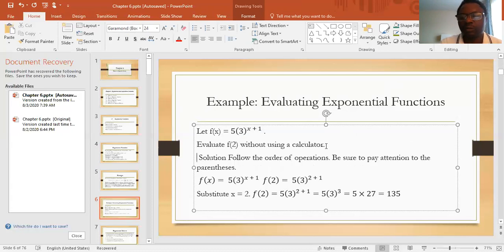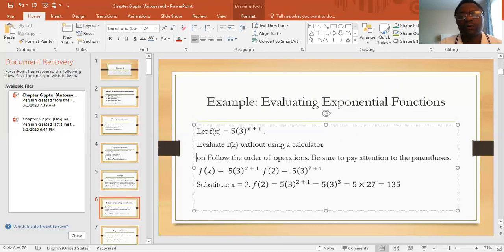The solution: we follow the order of operations to change f of x to 5 times 3 raised to power x plus 1, so f of 2 is 5 times 3 raised to power 2 plus 1, which is 5 times 3 raised to power 3, equals 5 times 27, equals 135.